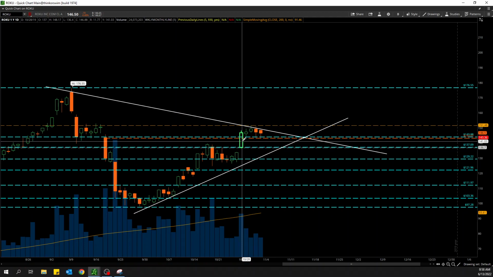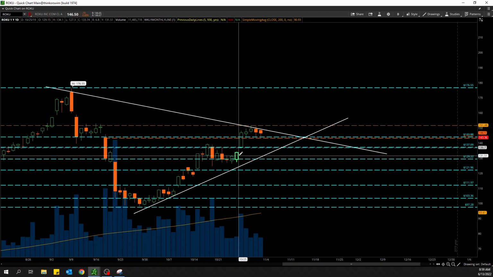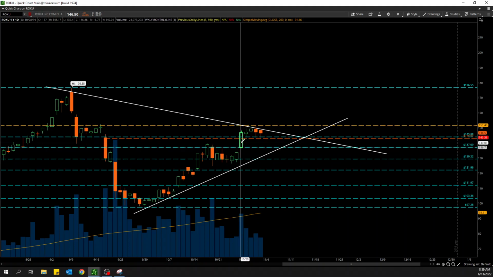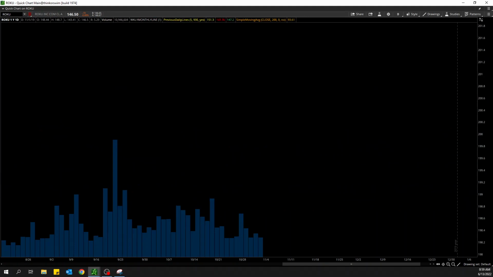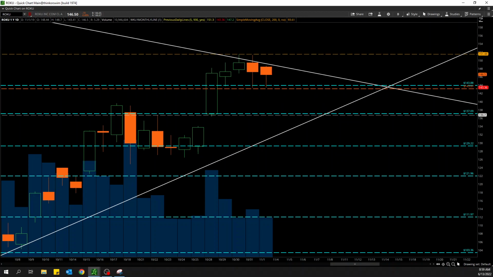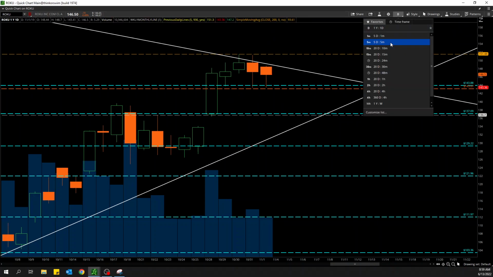So clearly the longs are still in position. So they just went sideways to exhausted for a few days, and now they're going back up the other way, and they gapped up. So October 28th was a big day for those longs, because they were looking at it from a standpoint of, hey, y'all gapped up, y'all did this, we're in the money.